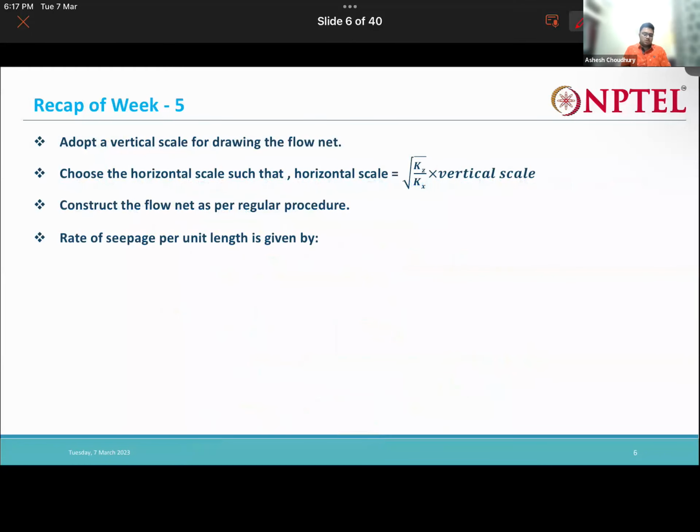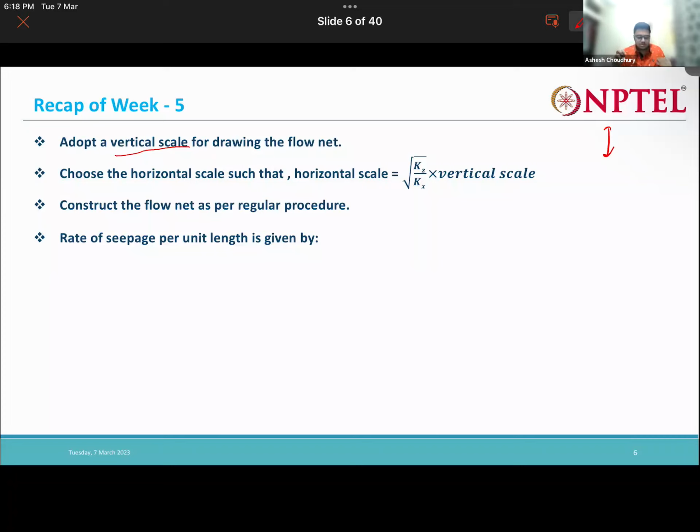So the procedure to draw the flow net for anisotropic soils is that we adopt a vertical scale for drawing the flow net. We fix the vertical scale, say 1 centimeter is equal to 10 meters. We fix that scale and then choose the horizontal scale such that the horizontal scale is equal to root over kz by kx into the vertical scale.